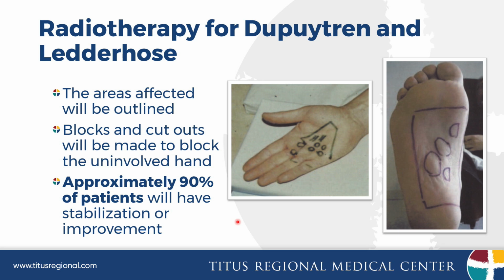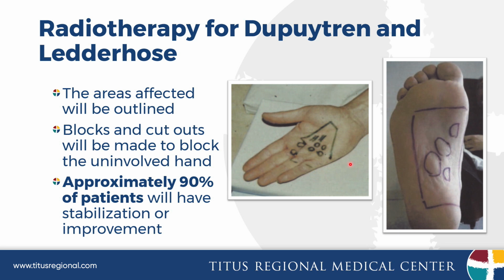Shown here is an example of how we would deliver radiation treatment. So you can see here that on the hand, again, that is considered Dupuytren contracture, or on the feet, considered Ledderhose disease, we would mark out with a marker where the cords and the nodules may be on the hand. So you can see here that there are a number of different nodules shown here in the circle on the hand and circle here on the feet, and then some cords shown here in these lines right here.